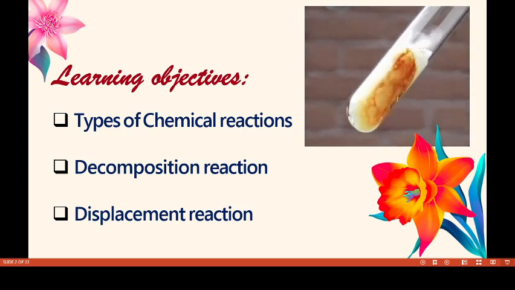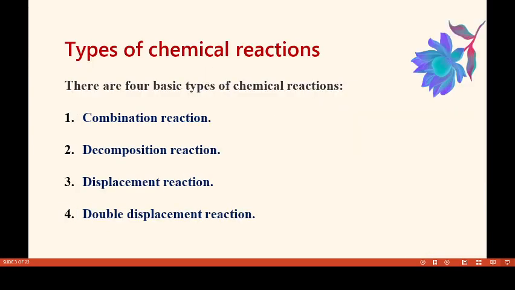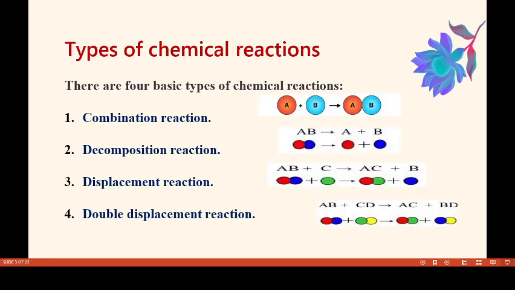In this class we have to discuss decomposition reaction and displacement reaction. So these are the types of chemical reactions: combination, decomposition, displacement and double displacement. And see the reactions.